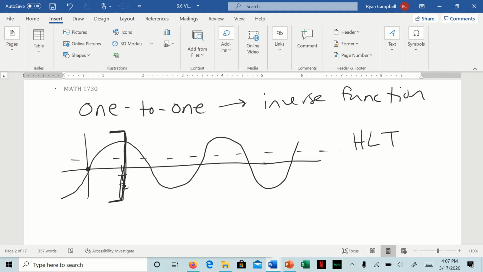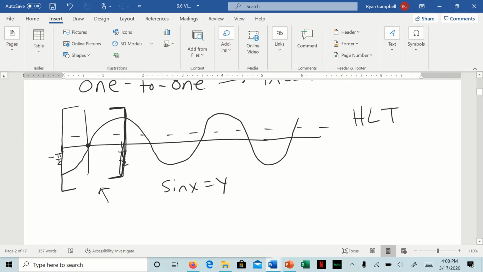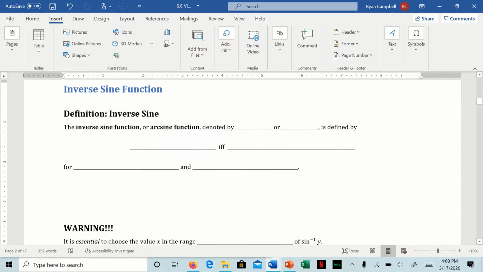If this is pi over 2, this would be negative pi over 2. And this is one-to-one, right? So when we are looking at sine, we want to make sure that we are only looking at x between negative pi over 2 and pi over 2. All right, so let's go to our notes.